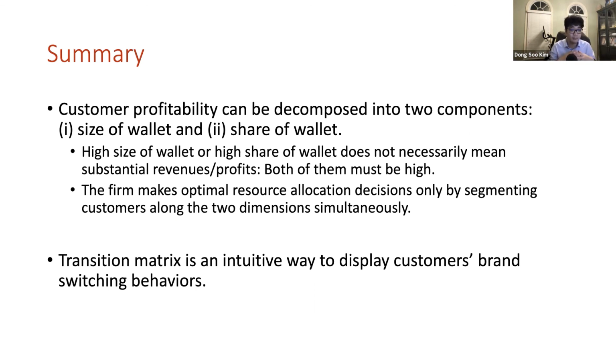Both of them must be high. The firm makes optimal resource allocation decisions only by segmenting customers along the two dimensions simultaneously. And the drainage matrix is an intuitive way to display customers' brand switching behaviors.